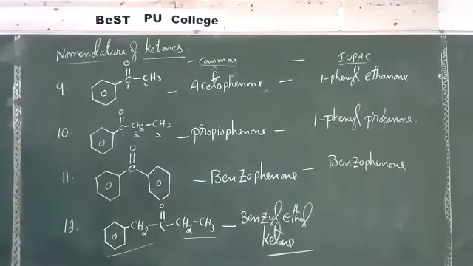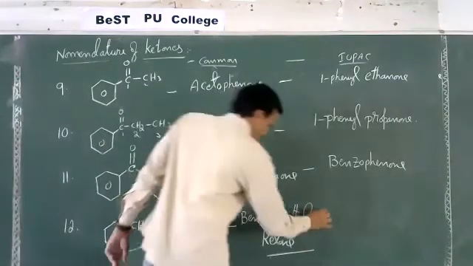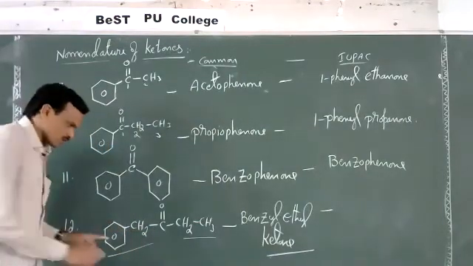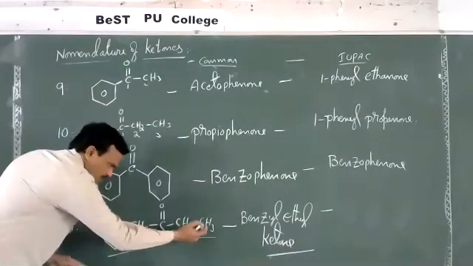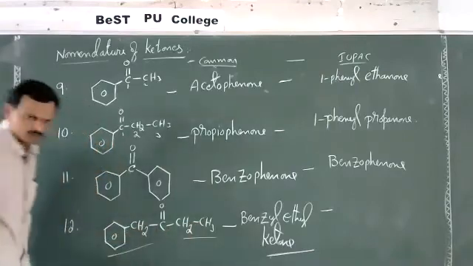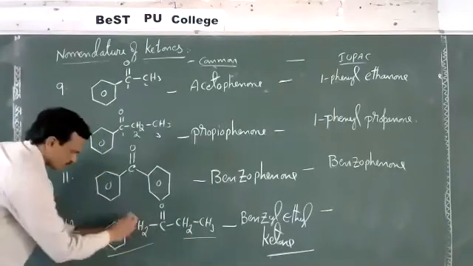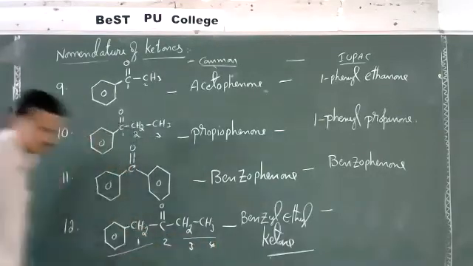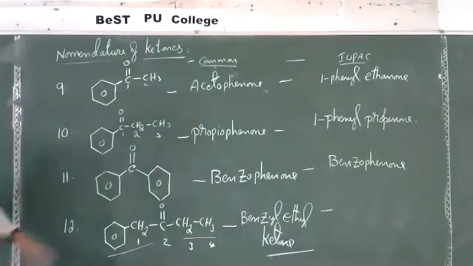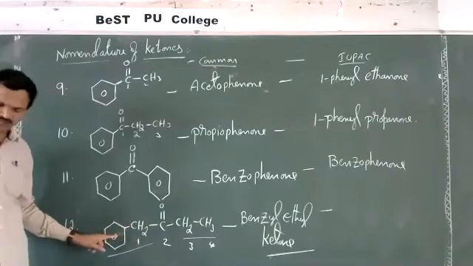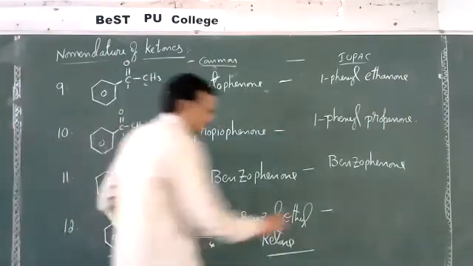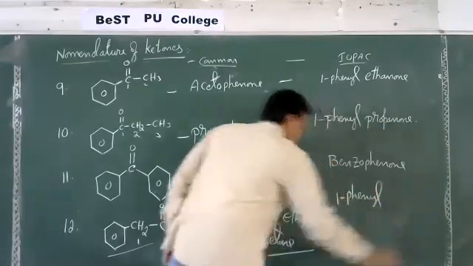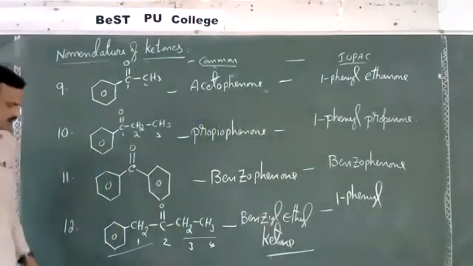Then what is the IUPAC name? See, here also carbon is there. If you number from this end, you get 1, 2, 3. If you start numbering from here, this is 1, 2, 3 and this is the fourth carbon. That means at the first position a phenyl group is there, so 1-phenyl.